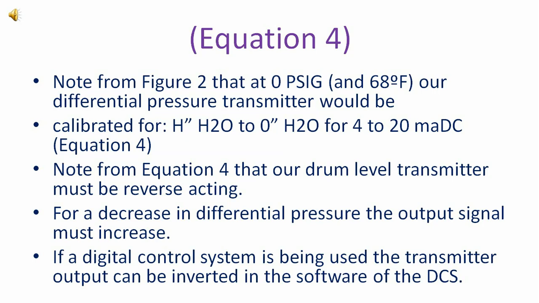That is equation 4. Note from equation 4 that our drum level transmitter must be reverse acting. For a decrease in differential pressure, the output signal must increase. If a digital control system is being used, the transmitter output can be inverted in the software of the DCS.